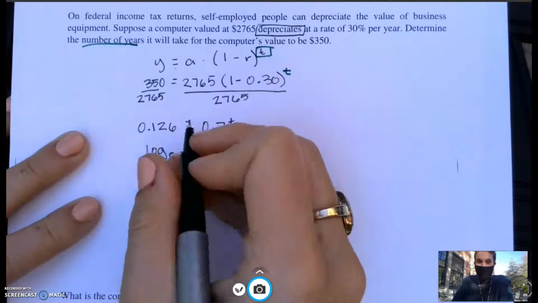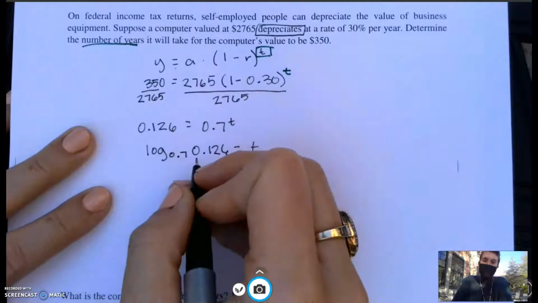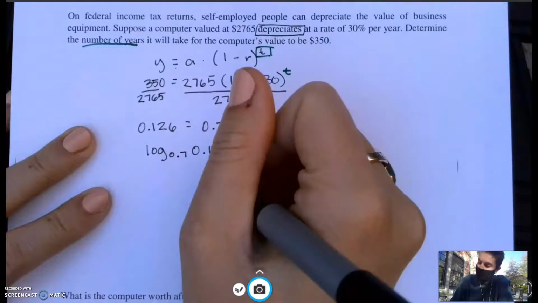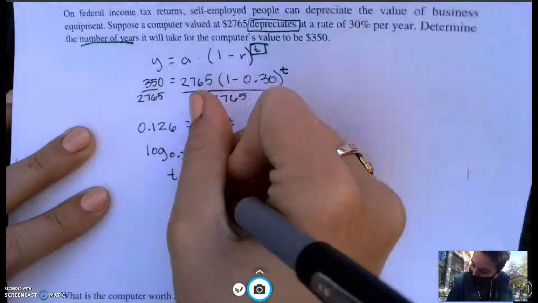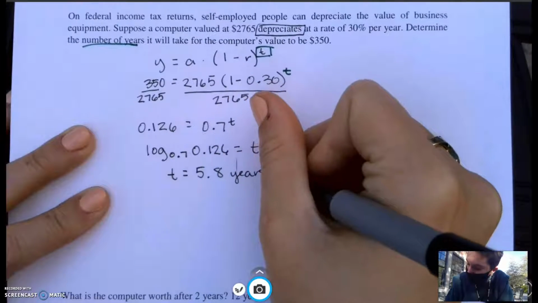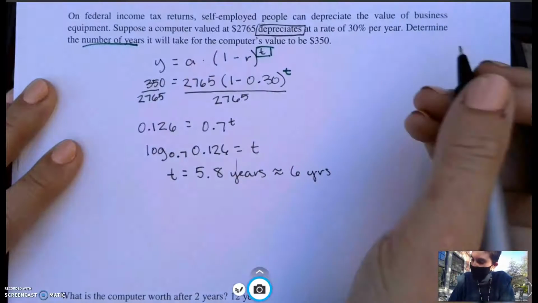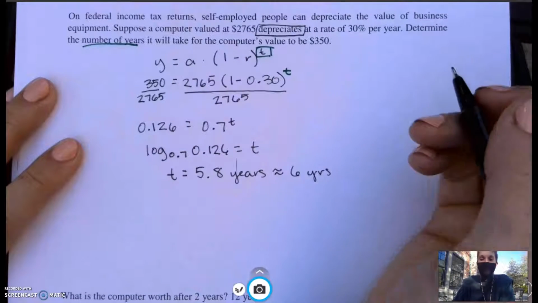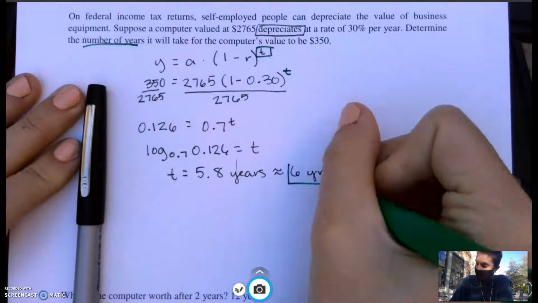So our rearrangement here is log base 0.7 of 0.126 equals t, and we should get that t equals 5.8 years. Or we can just round that up to a nice and even 6 years. So, what is the number of years it will take for the computer's value to be 350? That would be approximately 6 years.